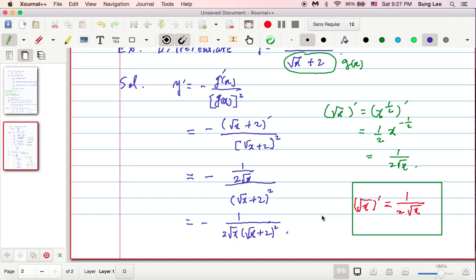Some of you might be wondering, do I have to expand the square root of x plus 2, squared? Well, if you want to, you can.